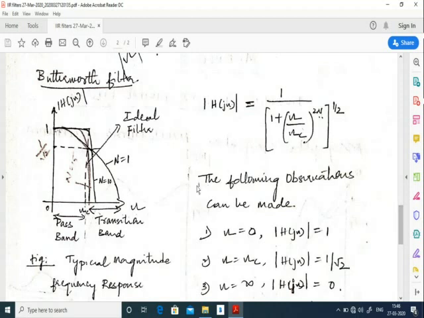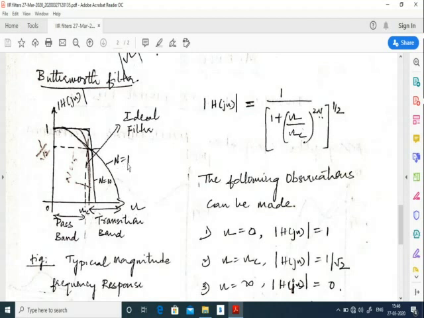So if you look here, this dotted line represents a low pass filter, which is ideal, and you can observe this curve as well.